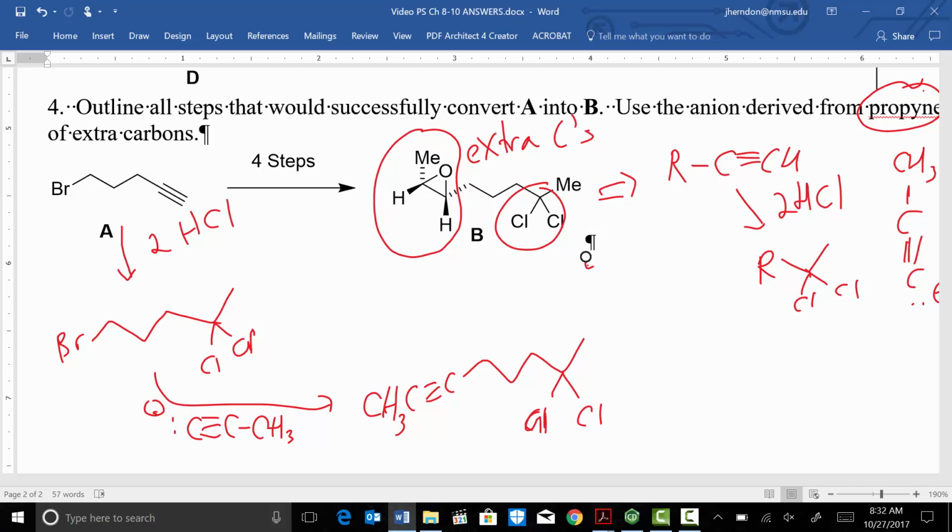Recognize that if we look at the epoxide, it looks like it's coming from epoxidizing the cis alkene. So we're going to treat it with Lindlar's catalyst.